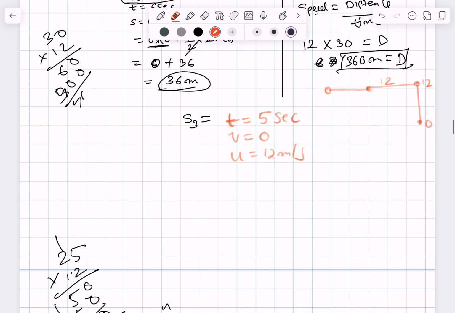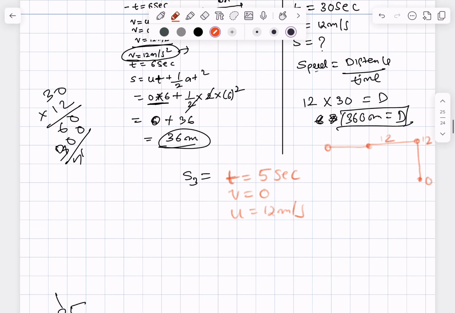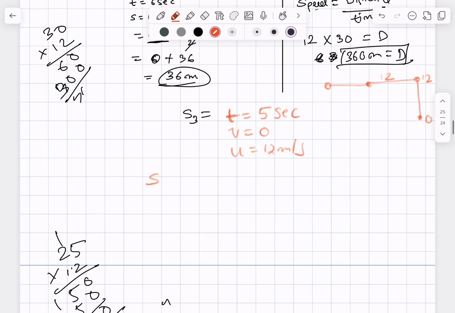So now we know that for calculating the distance, we need acceleration, and from where will the acceleration come? v is equals to u plus at. v is 0, u is 12, plus acceleration we need to find, and time is 5.